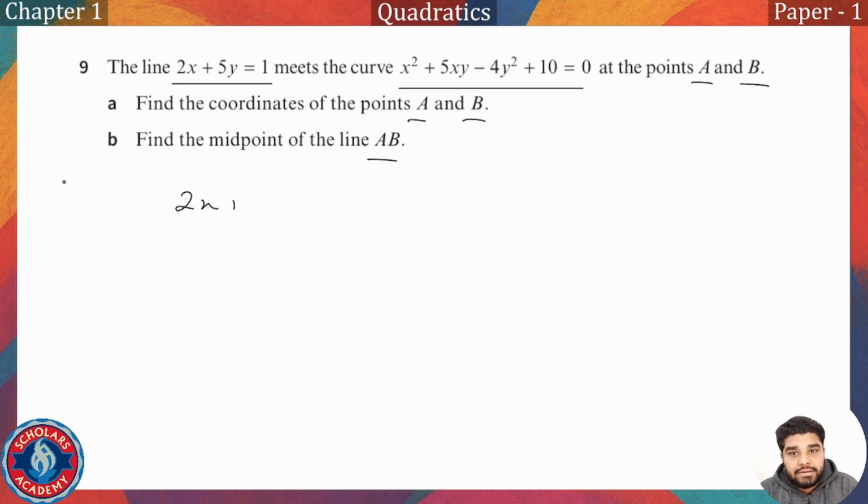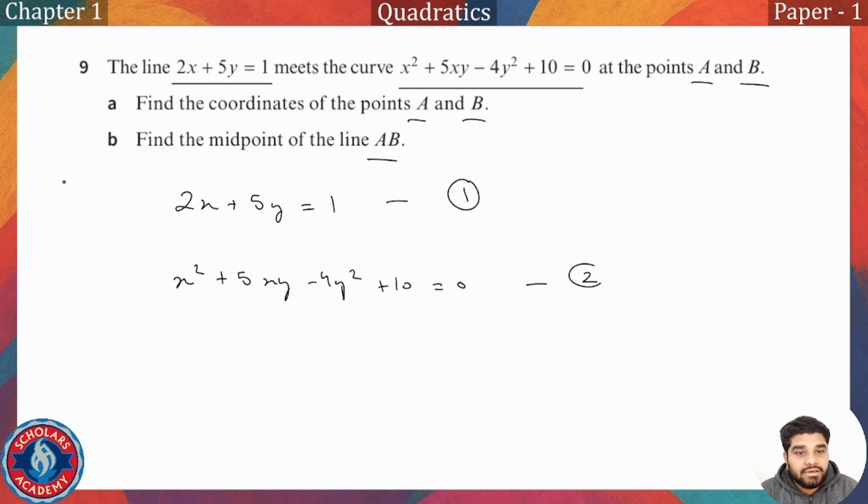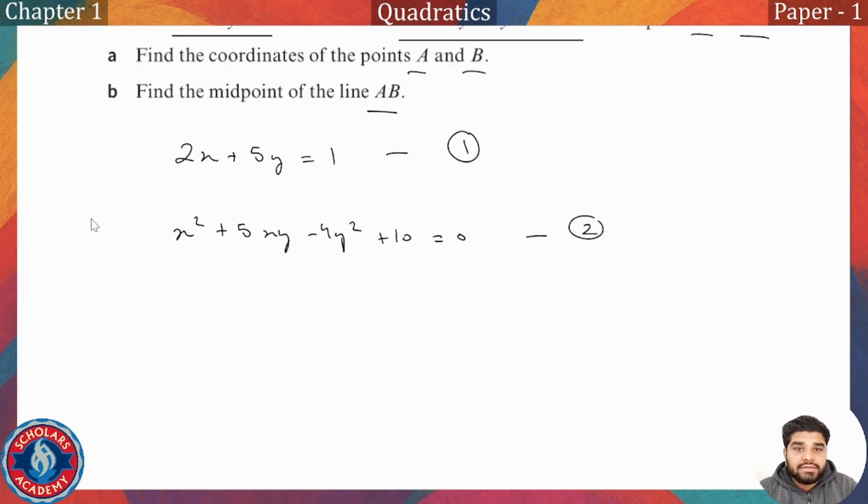So 2x plus 5y is equal to 1 is our equation number 1, and we are given x square plus 5xy minus 4y square plus 10 is equal to 0 as our equation number 2. The coordinates of points A and B, we need to find that.